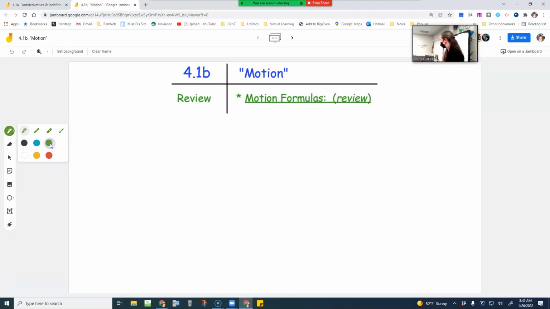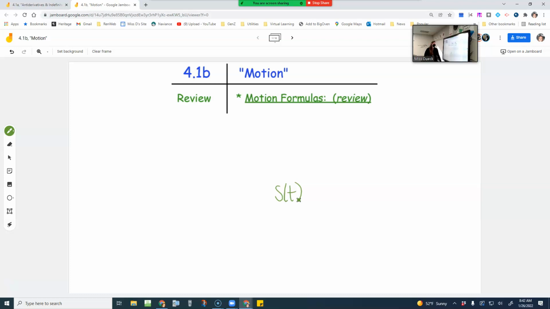Ready? So we have position. Oh, that's weird. On the forever card, hold on, I'm saying what I want to say, but too early. Give me a sec. We have position. I'm going to call it S of T. But on the forever card, wasn't it the top thing I wrote?